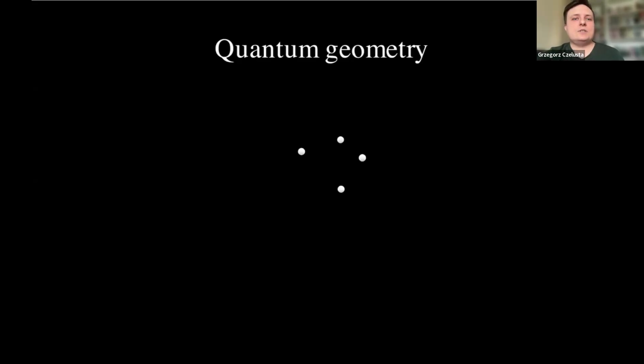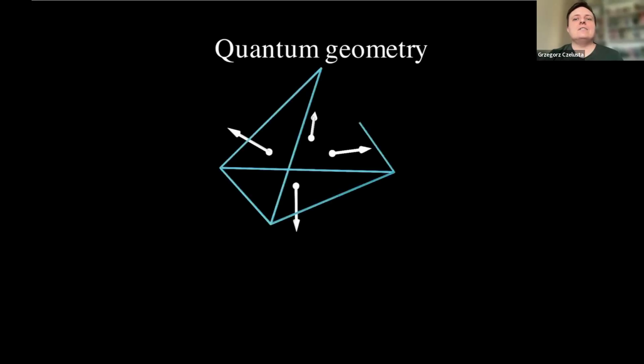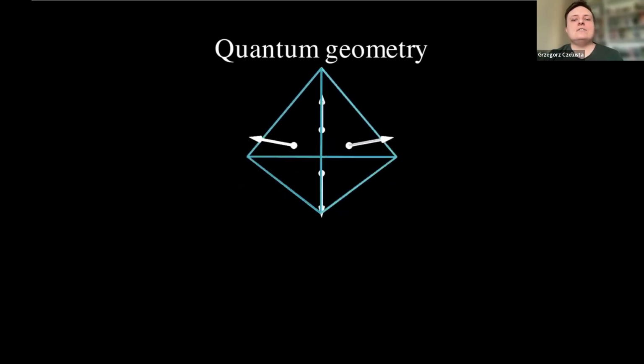Take 4 spins meeting at a vertex and think of them as vectors that sum to 0. By Minkowski theorem, a set of vectors satisfying a closure condition uniquely determines a polyhedron. So these 4 spins uniquely determine a tetrahedron in our case.